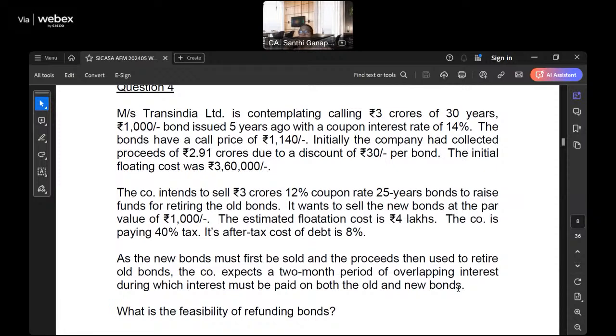That is a question. Always I suggest read the requirement first, then go to the problem. Before we solve this problem, we need to know what is the meaning of callable bond. Callable bond, you have putable bond. So we need to know what is a callable bond, what is a putable.